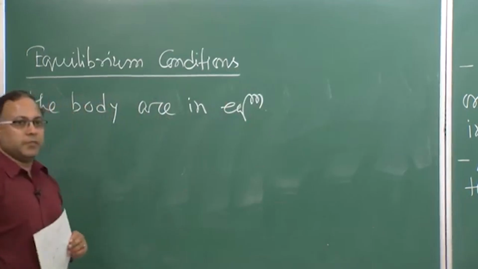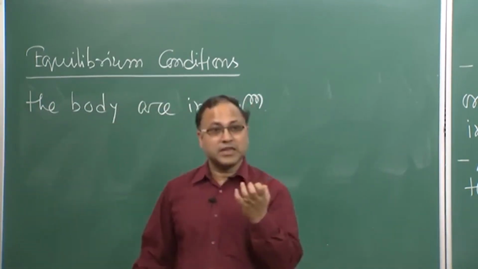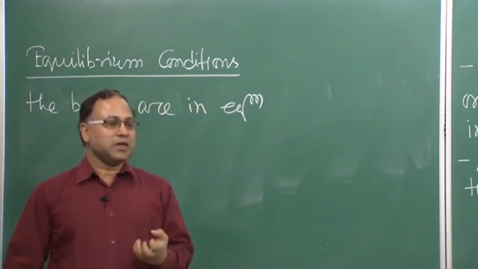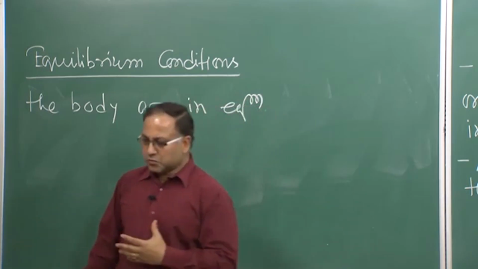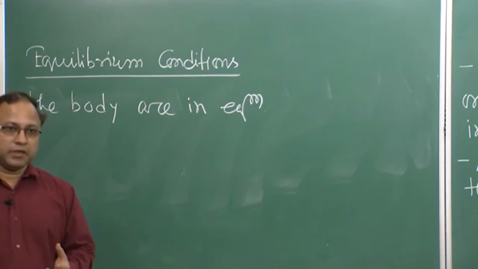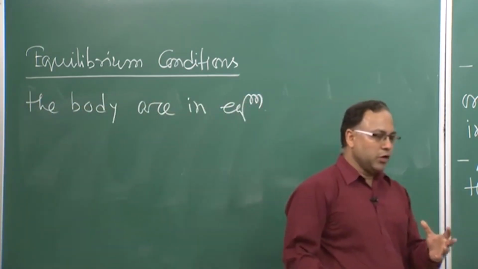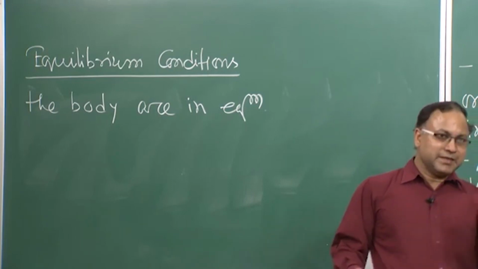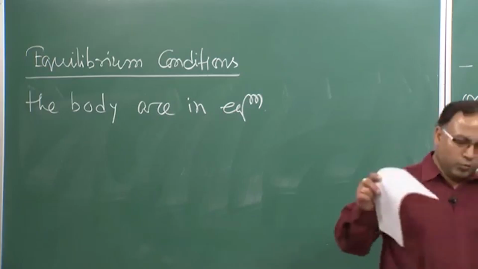Initially we talked about a particle. A particle is in equilibrium when it is either stationary or moving uniformly. Now we are talking about a whole body.